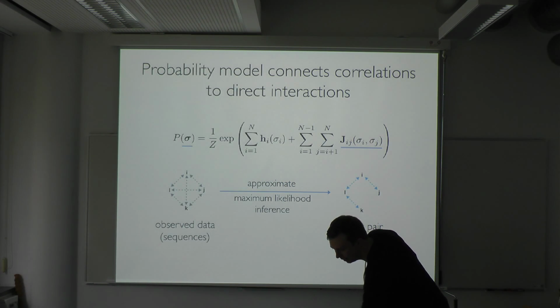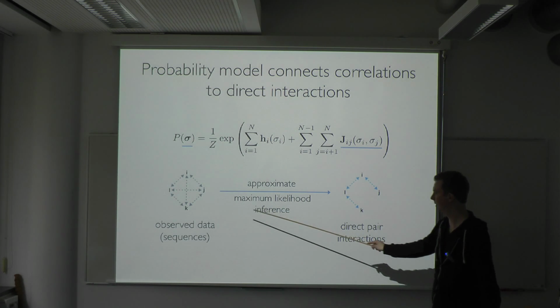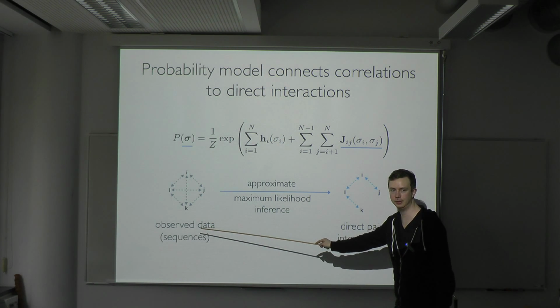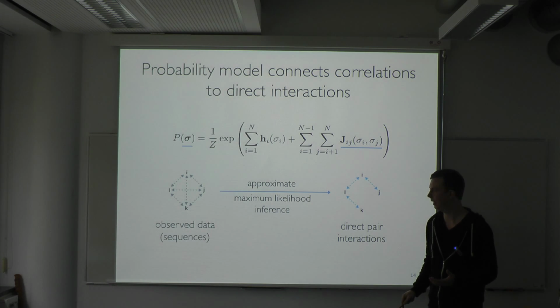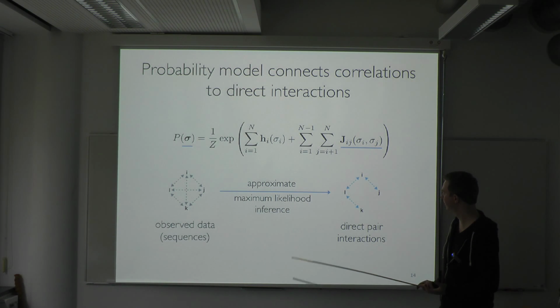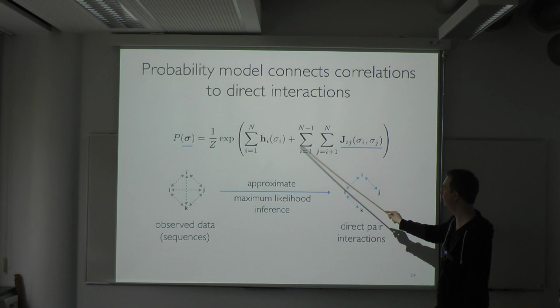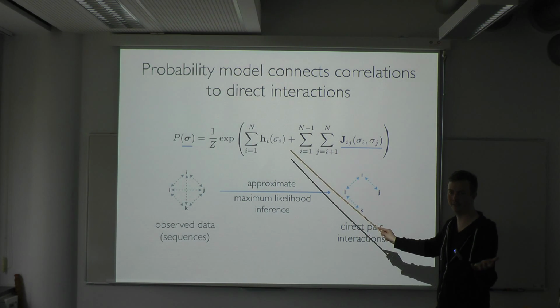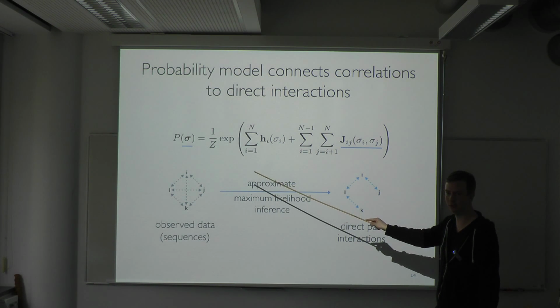Now, how does this work? The idea is that you use a probability model that connects observed data to some underlying model that consists of direct interactions. The goal is to go from the data that you observe to figure out what the parameters of this model are. So it's kind of a twisted logic. Usually you have a model, and that model generates something for you.